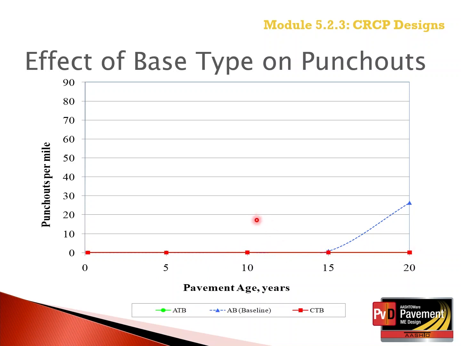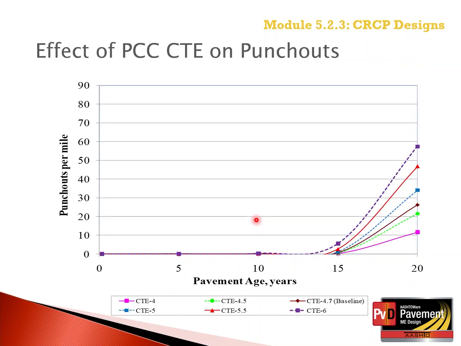So it does have an impact, and the type of base would be controllable by the designer, something the designer should consider. The CTE is normally not controllable by the designer, especially in areas where limited types of aggregates are available locally.